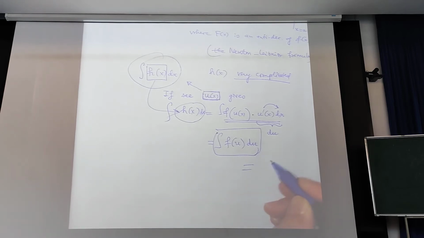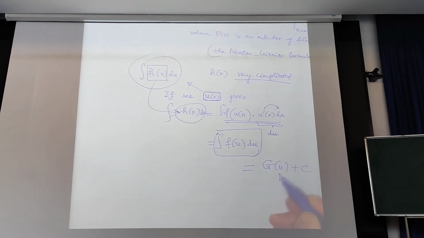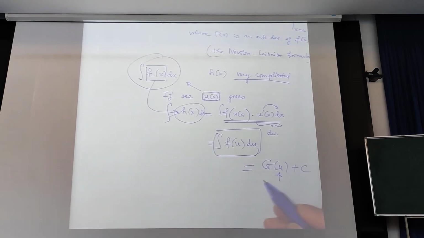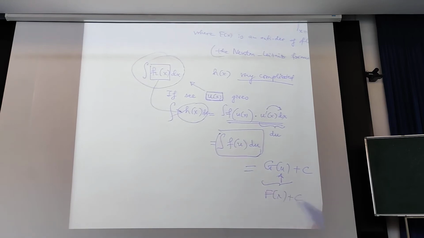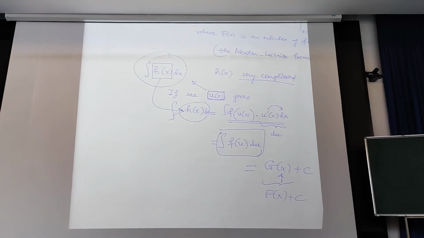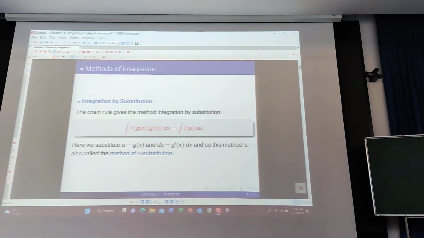After having this as some function of u, you put back u as u of x, you have F of x plus c, and then it is done. That's the idea of substitution, which means we substitute u instead of g of x, or we change the variable x into variable u, which means you substitute u equal to g of x and you have g prime, as I explained with u prime. Here I use g of x, so that's the method.